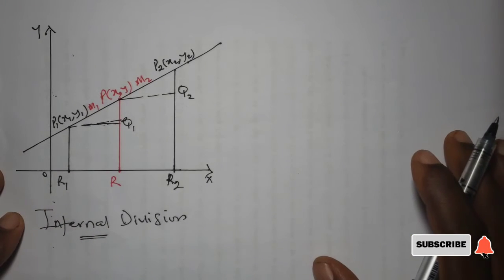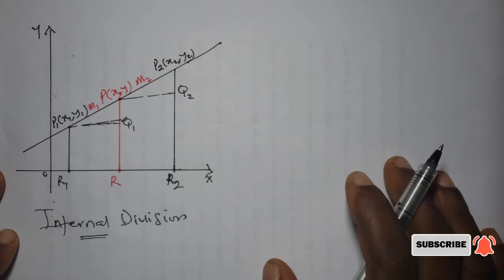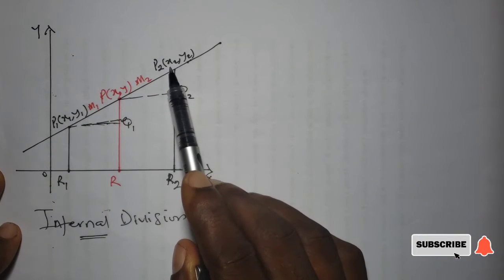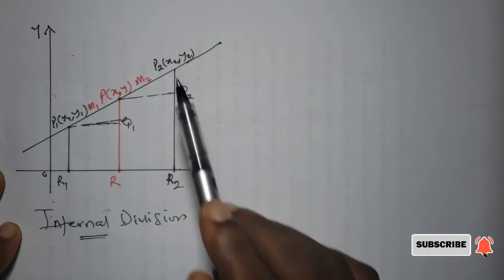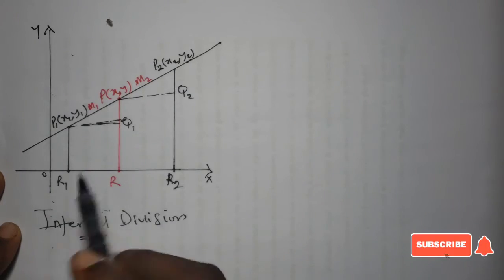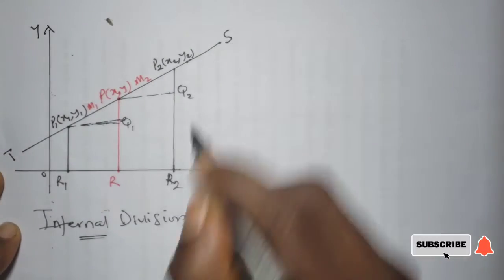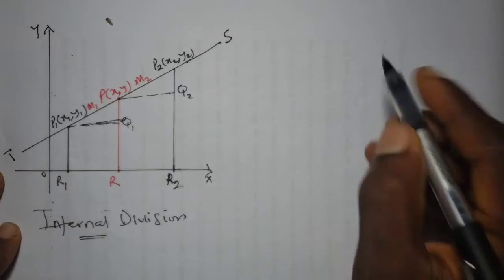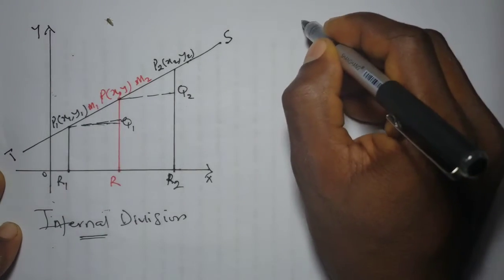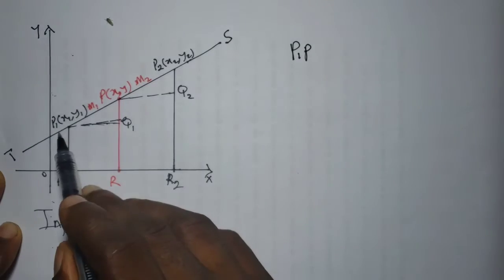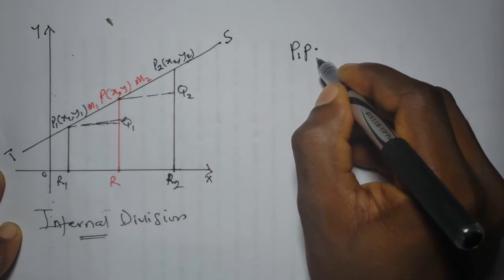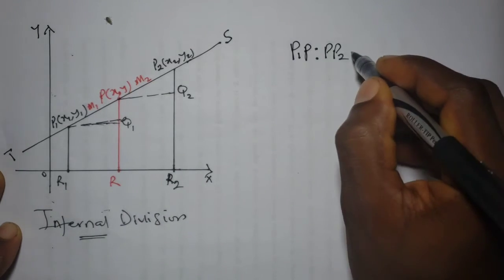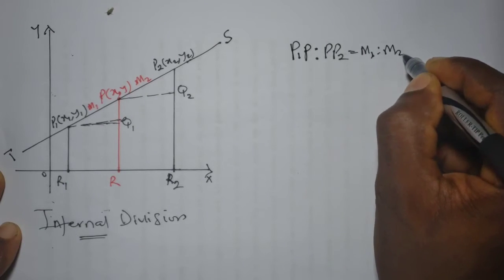So let us look at this diagram. We say, let P1 with the point x1, y1, and P2 with the point x2, y2 be given points on this line. I call this line TS, such that P1P to PP2 is equal to M1 is to M2.